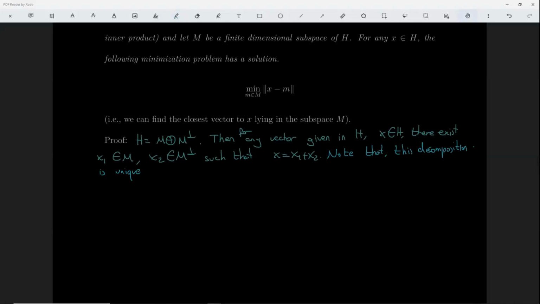Okay. So what I will do next is have a look at the norm of the difference of the vectors in the M subspace and the X itself. So we are given an X vector, and I would like to look at the norm of the difference of that X vector and the vectors in my subspace M. Okay, so let Fm be the norm of the X vector and the M vector difference, for these M vectors in our subspace.